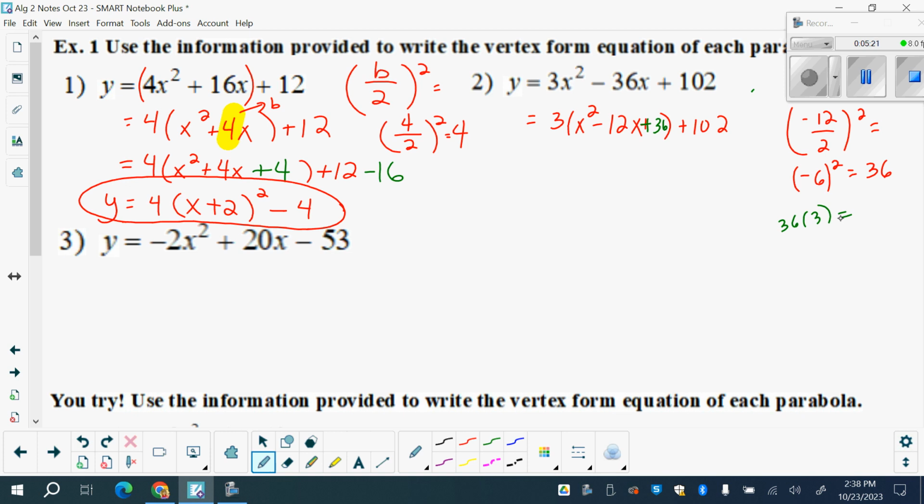Calculator's nice. It's 108, that's right. So we're going to offset this with a negative 108 here. So once again, 3 times 36, which is 108. And so we offset that with a negative 108.